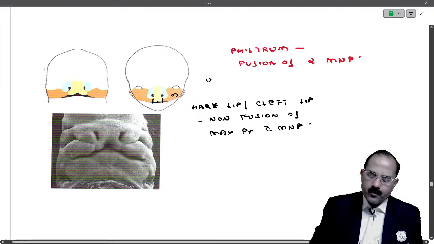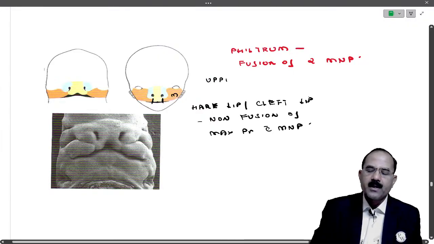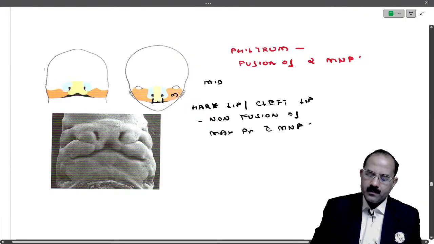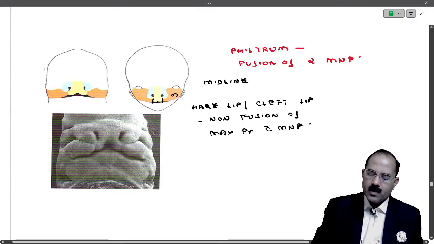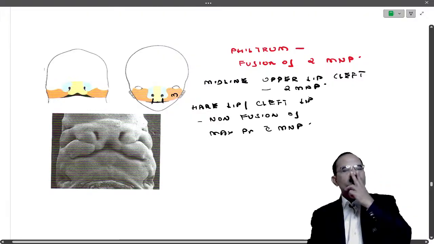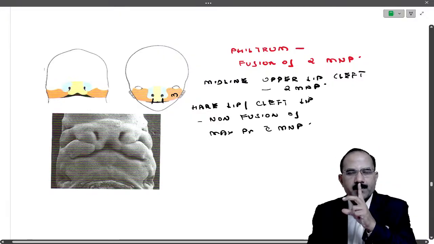Okay, first one what was it? Midline upper lip cleft. One minute, I'll just write this for you. Midline upper lip cleft is due to non-fusion of two medial nasal processes.